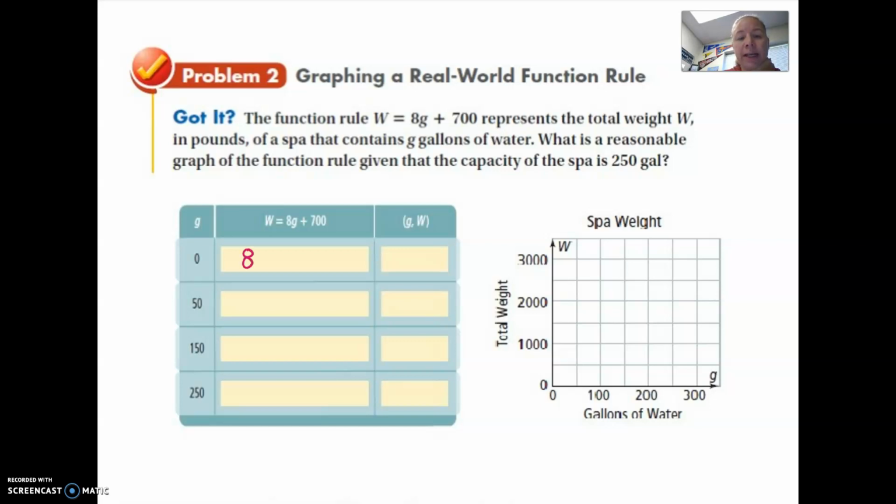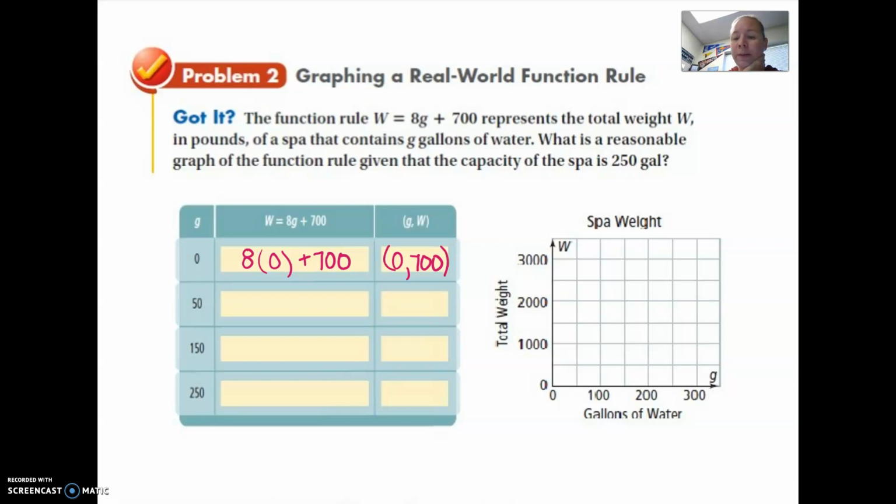So I'm going to plug in 0 for G plus 700. So when we have 0 gallons, we start with a weight of 700 pounds, which would make sense because they're pretty heavy.